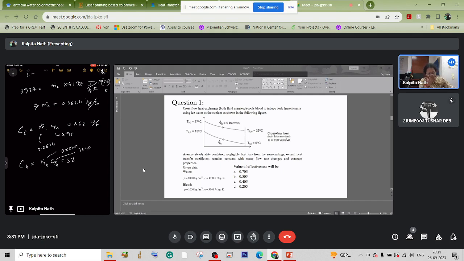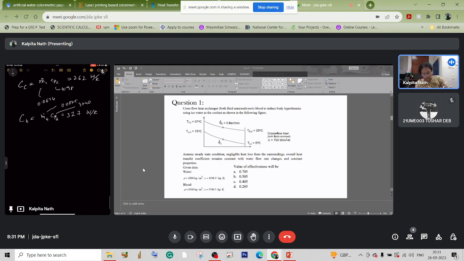This will come out to be 327 watt per Kelvin. So C minimum will be this one, for the cold fluid, which is 262 watt per Kelvin.